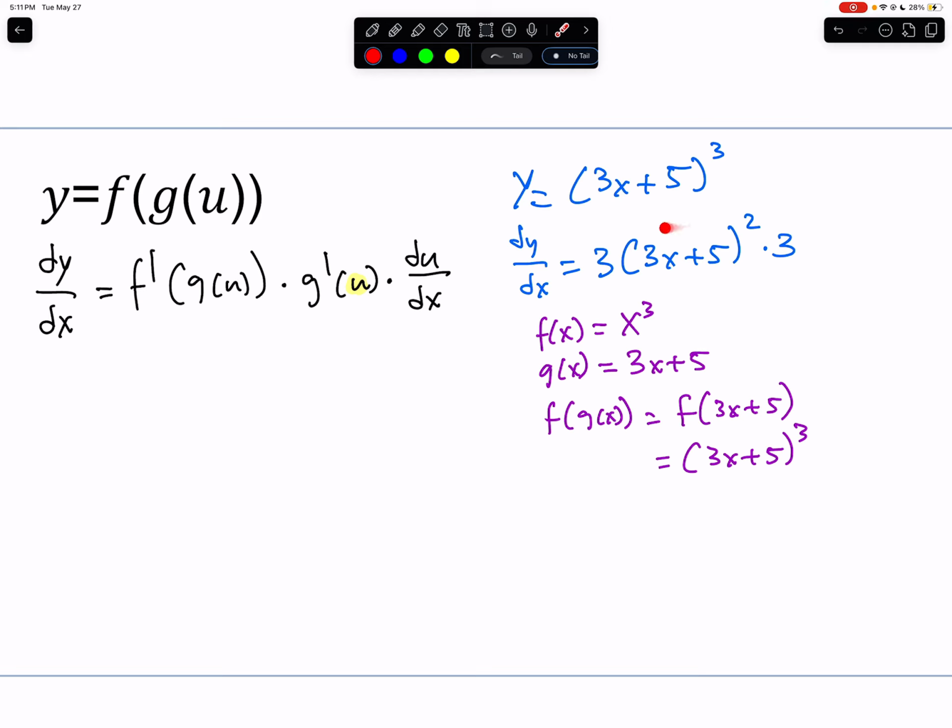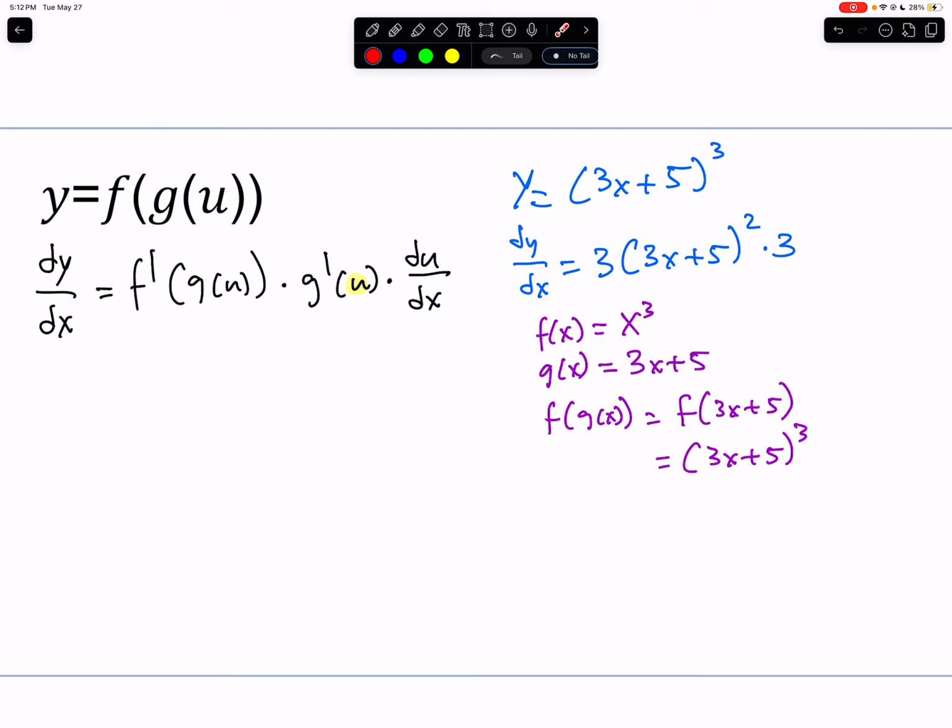And this is the something, right? g of u is, g of x, 3x plus 5. So f prime of this, and then times the derivative of this, which is 3. And then the reason why we have the du dx here is because of another part of the chain rule, because we're taking the derivative with respect to x, not with respect to u.